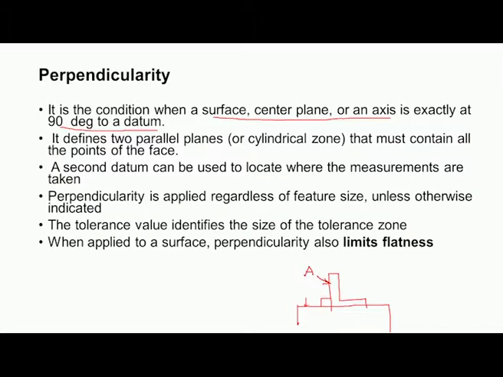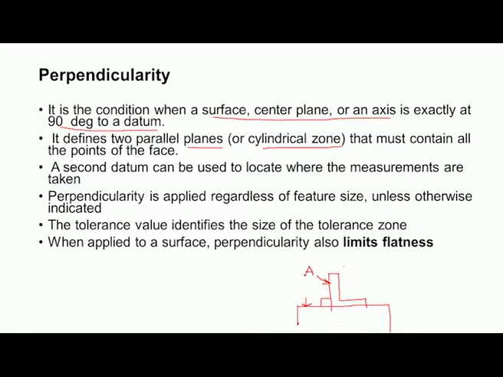It basically defines two parallel planes or a cylindrical zone that must contain all the points of the face. For example, here we have this surface which is to be perpendicular to the datum.